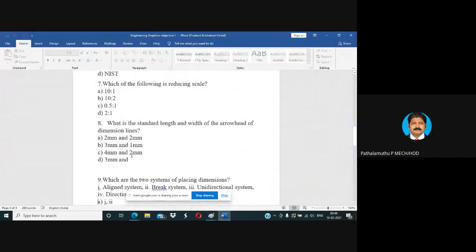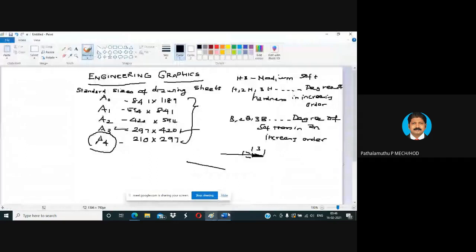Ninth question: which are the two systems of placing dimensions? In engineering drawing, there are two dimensioning systems available. One is the aligned dimensioning system.